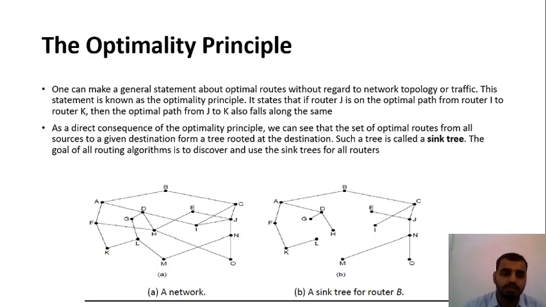Now the definition: one can make a general statement about optimal routes without regard to network topology or traffic. That is, it is independent of the topology or the traffic. To make clear what traffic is: for instance, there is a router that can handle 10 operations per second, or 100 operations per second, or 1000 operations per minute.